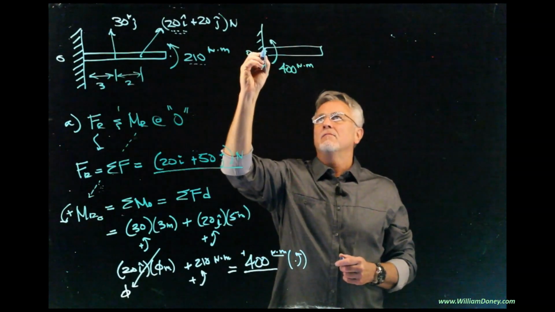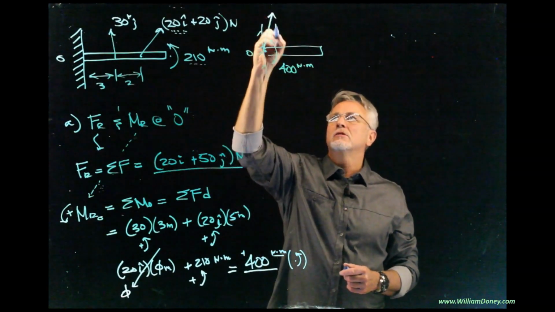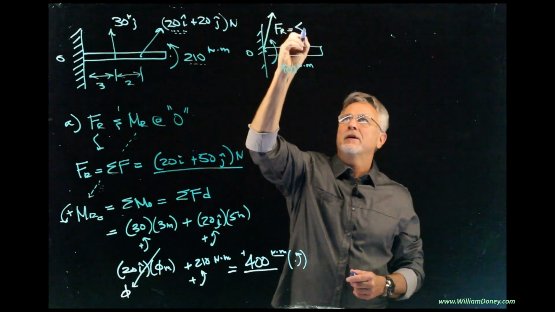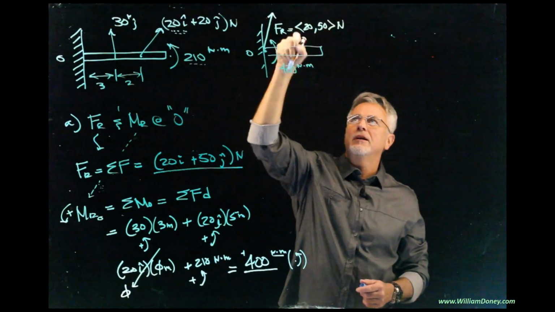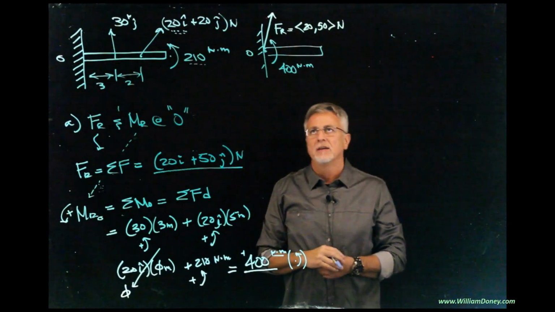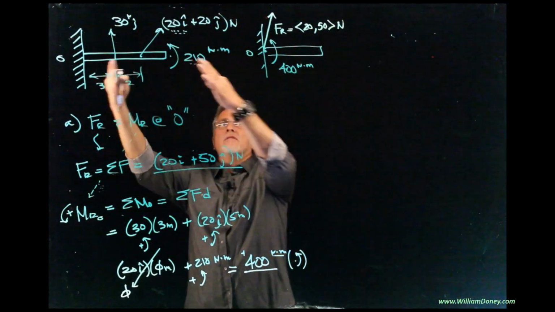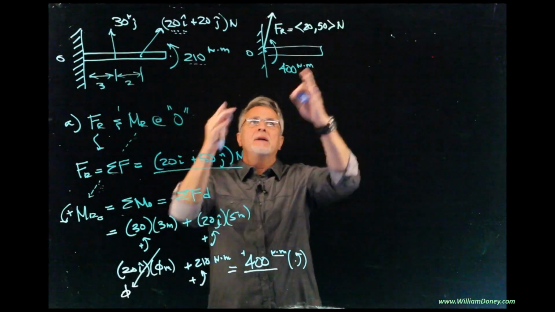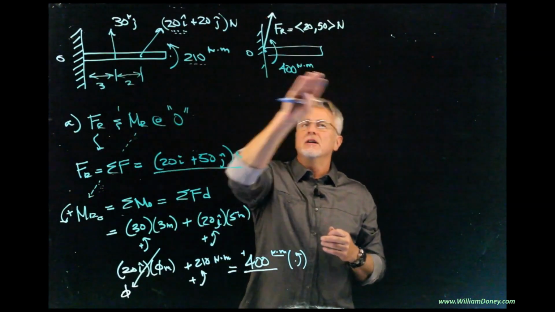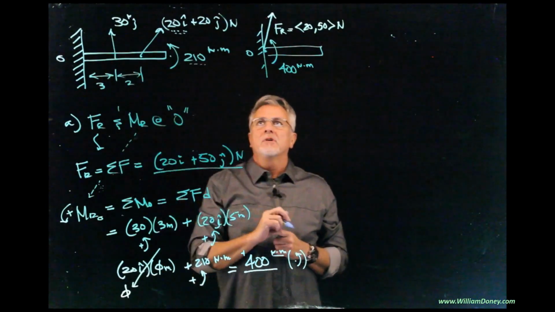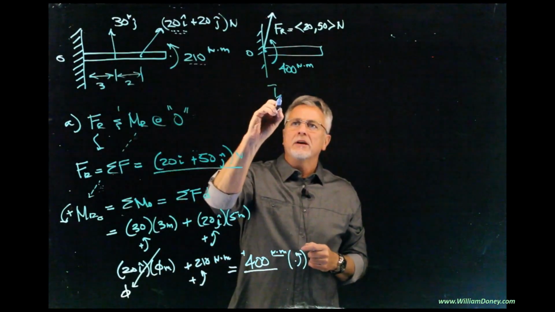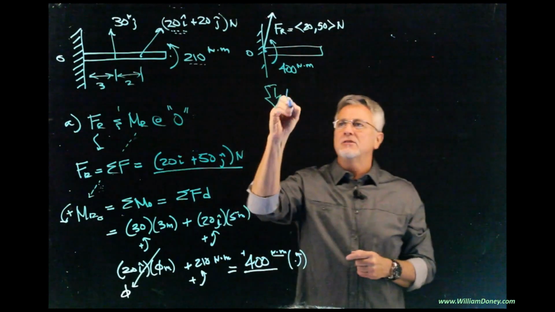It's going to be more vertical than horizontal. And that becomes a 20 and 50 if I put it in that notation of i and j. So that tends to be an equivalent system right there at point O. And I could pick any other point. The 400 is slidable. It's a free vector. So we have that. But what we want to do here in 4.8 is do that further.